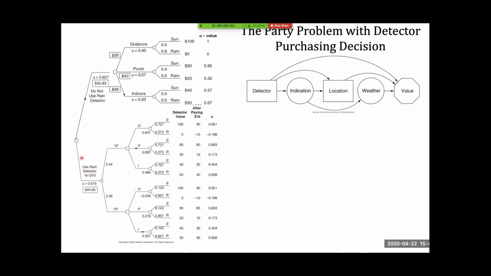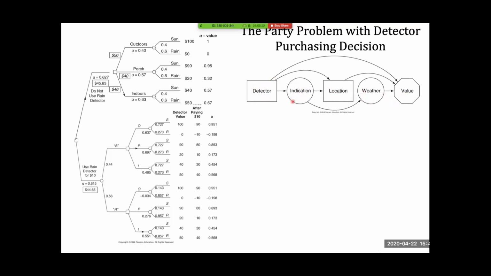Over here, let's put that decision into the picture. First, you need to decide whether to buy the rain detector or not. That is represented by this node. Here, detector is a square node, which represents a decision to make, whether to buy the detector or not. And then, like before, you have the indication, the location, the weather, and the value.